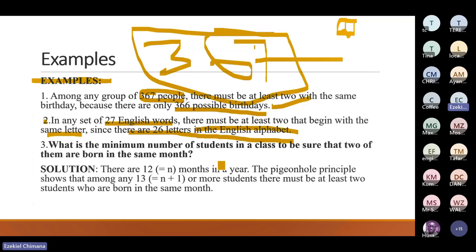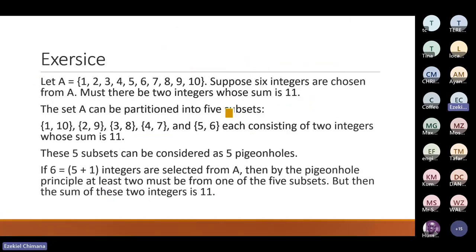By doing so, we end up having two students born in the same month. So the solution here: there are 12, or n, months in a year, and the Pigeonhole principle shows that among any 13, which is n plus 1, or more students, there must be at least 2 students who are born in the same month. Just like that.